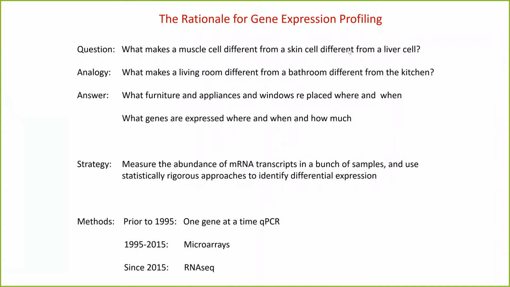In genomics, the whole idea is to come up with diagnostic and prognostic markers. Do all of you know diagnostic and prognostic markers?